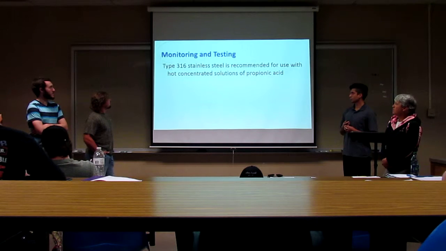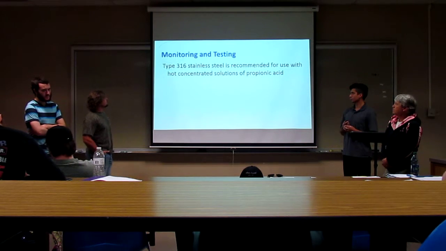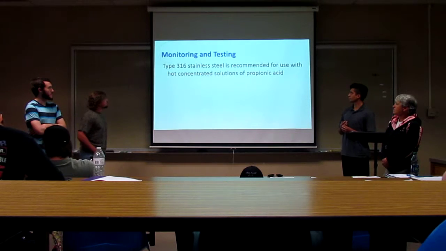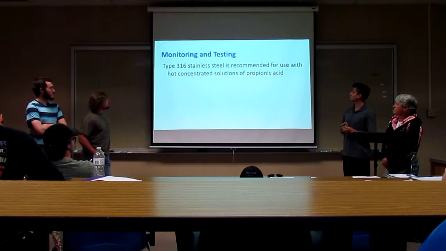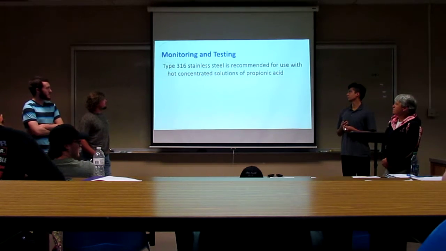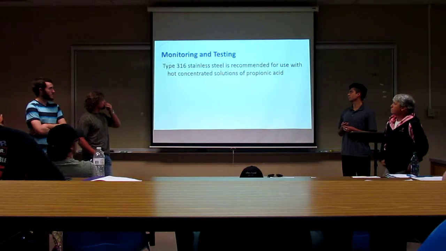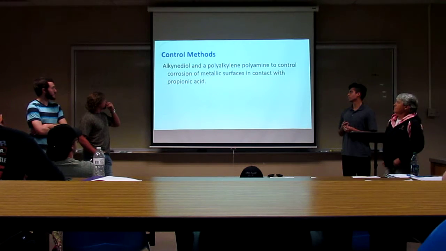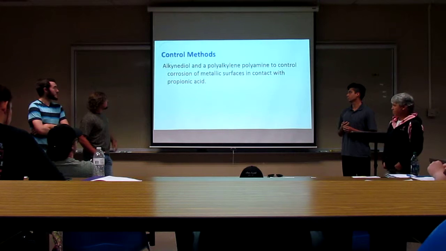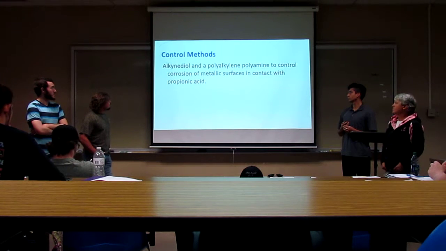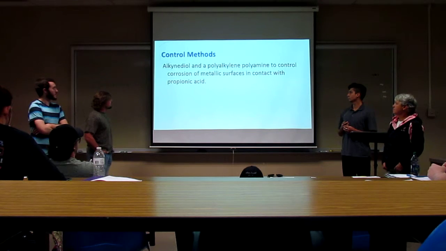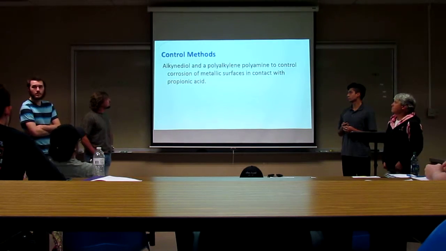Monitoring and testing: Type 316 stainless steel is recommended for use with hot concentrated solutions of propionic acid. Control methods: an alkyneal and a polyalkylene polyamine to control corrosion of metallic surfaces in contact with propionic acid.